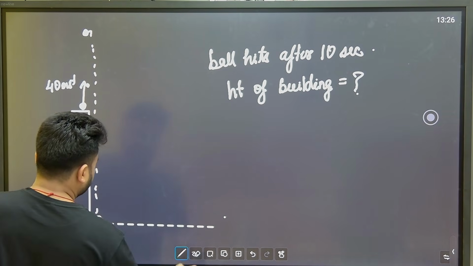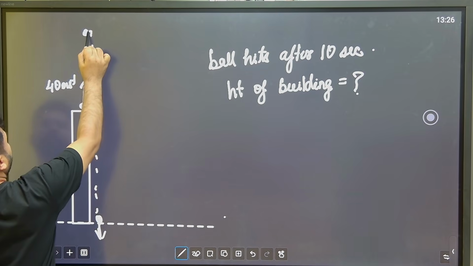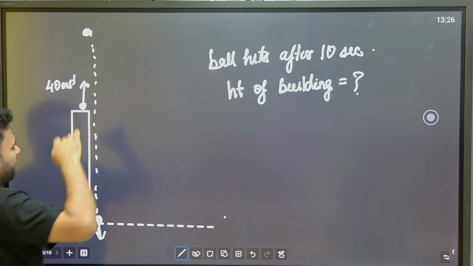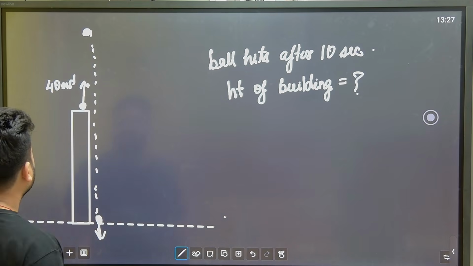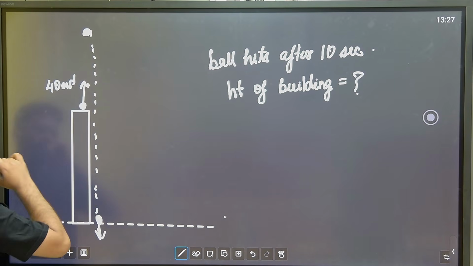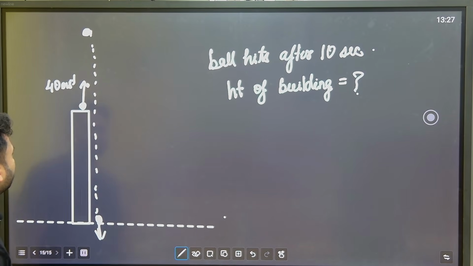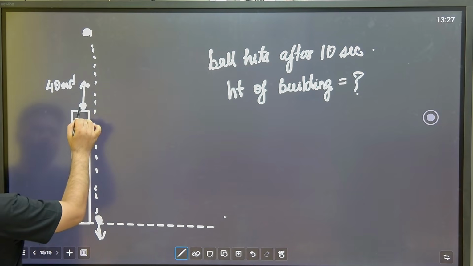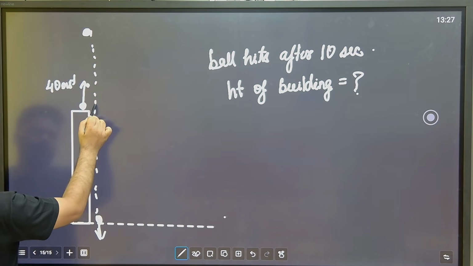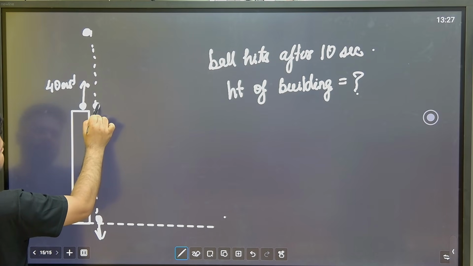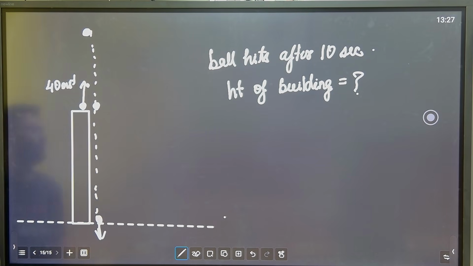See what to do in these kinds of questions. We have a lot of methods to solve this. I'll just tell you one of the methods. The ball will go like this, it will return here at this point. What will be the speed of the ball at the same level?